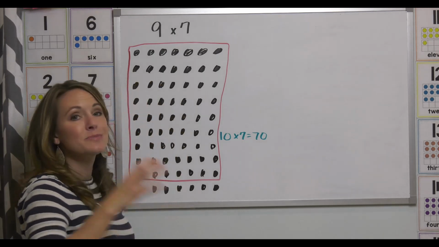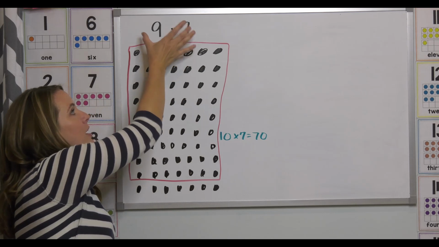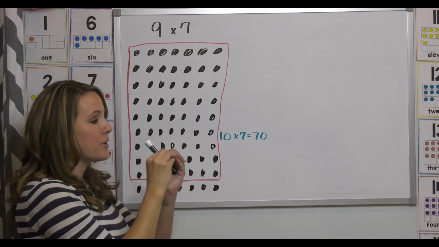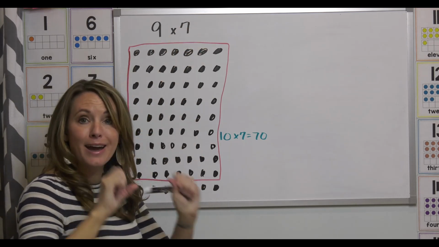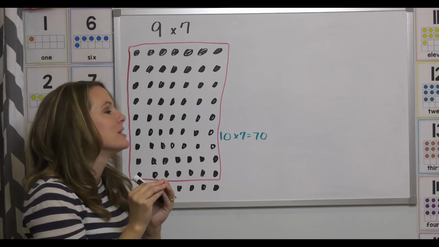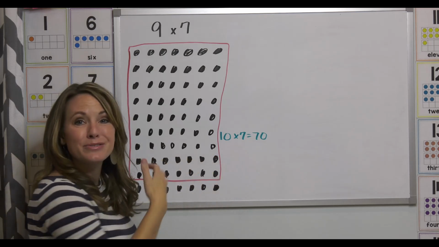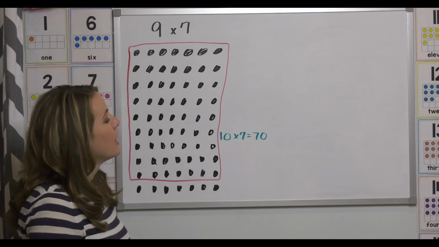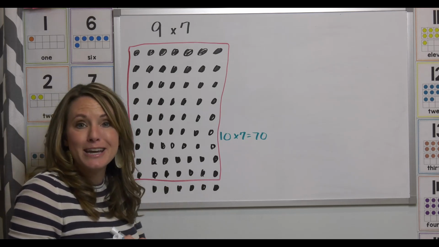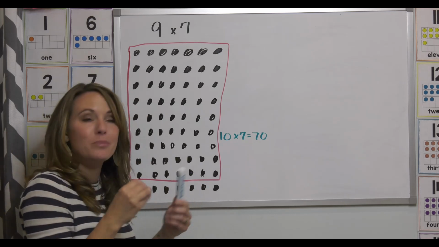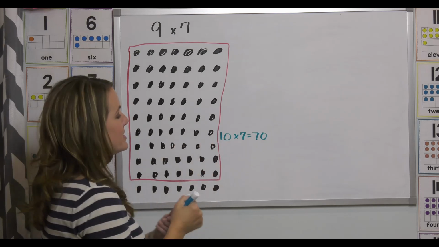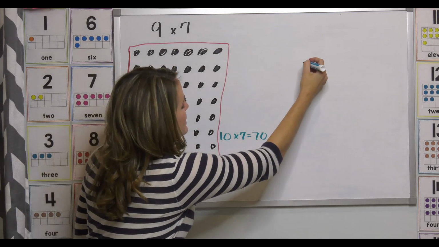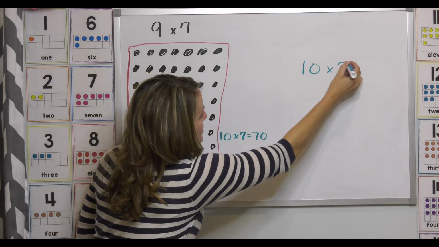Now how does that look? Because in the last problem, we broke apart a fact that we know. We said, okay, we're going to break it into parts and then we can add those parts together to get the product. But when we're dealing with a different whole, how does this look? Exactly like when you did addition and subtraction, you thought of the part-whole. Your whole this time is 10 times 7, right?